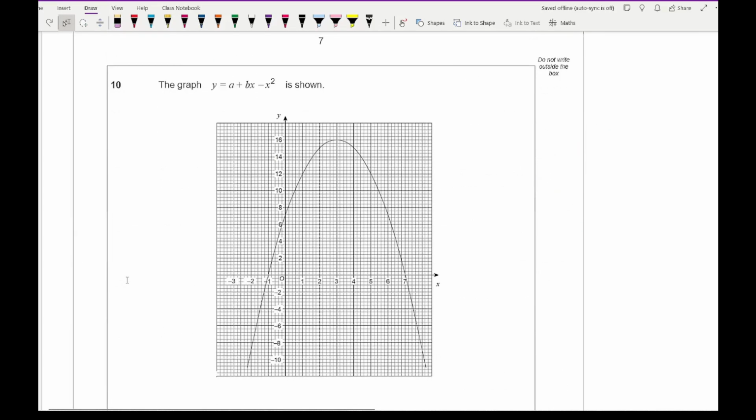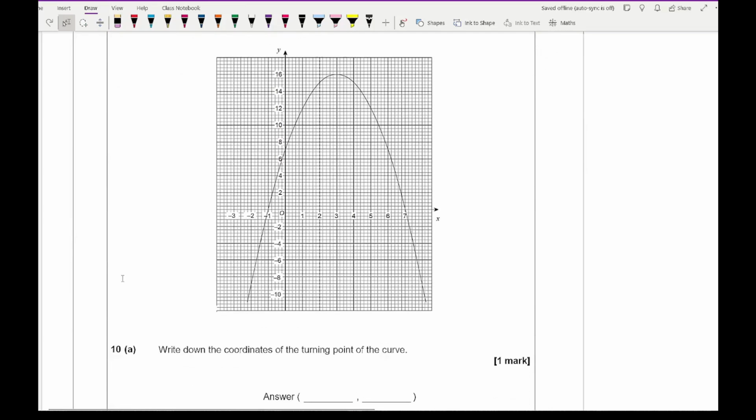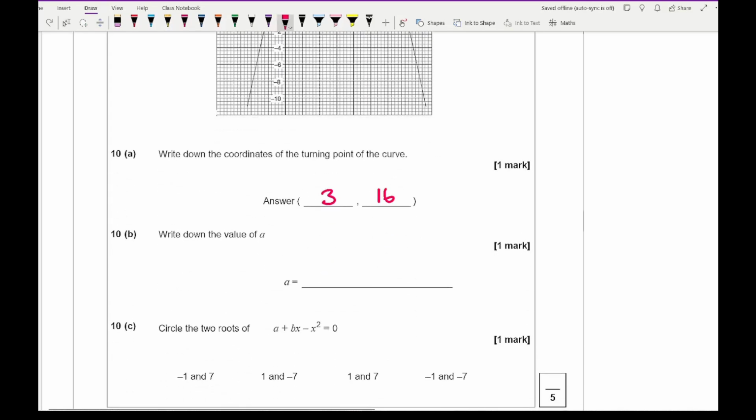Moving on to question 10, it says the graph y equals a plus bx minus x squared is shown. And the first part is asking us to write down the coordinates of the turning point of the curve. Now the turning point is this point here. And what's that coordinate? Well, it's at (3, 16). For part B, it says work out the value of a. Now the value of a is the y-intercept.